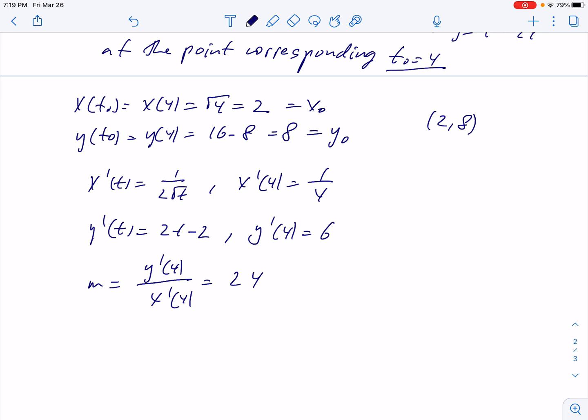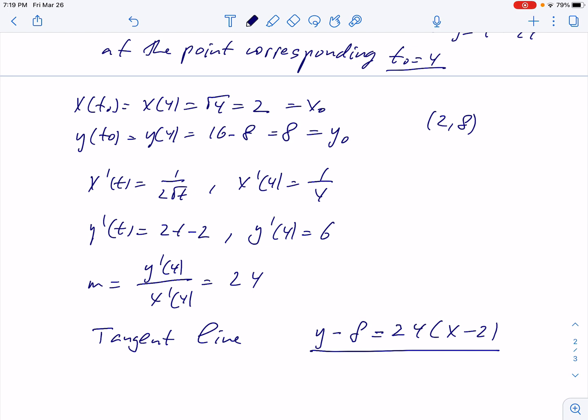And here comes the equation of the tangent line. Cartesian equation, y minus y0, which remember is 8, equals the slope 24, times x minus x0, which is 2.